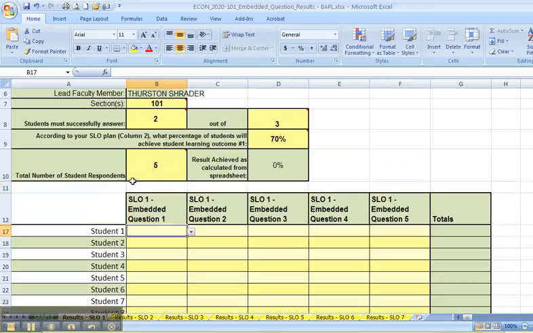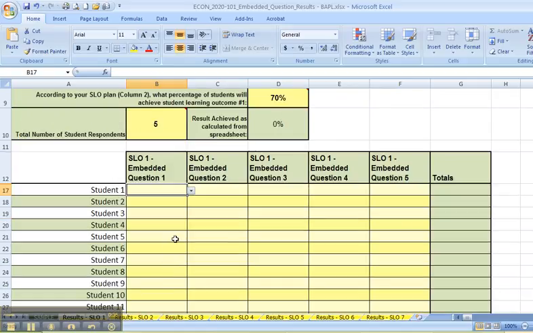2, 3, 4, 5. Also, let's remember that even though spaces have been provided for 5 questions, my students were only required to answer 2 of 3 questions correctly.